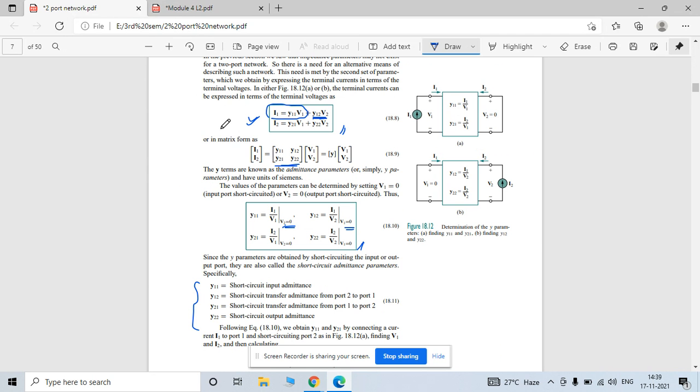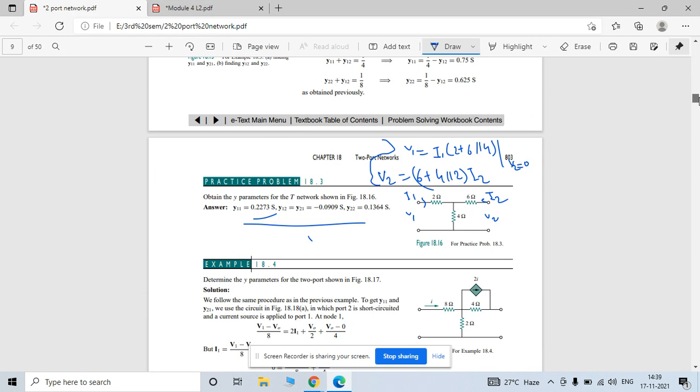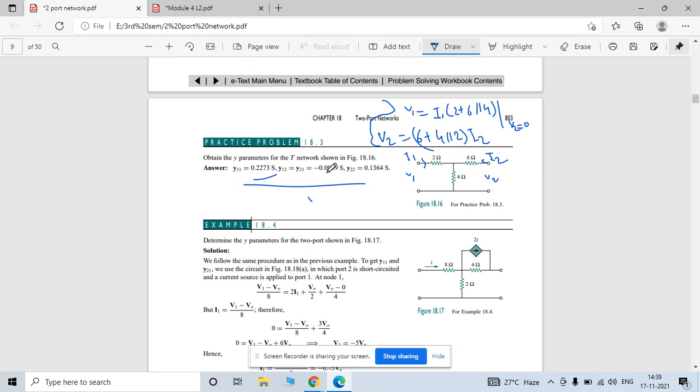Then I2 by V1 is nothing but your y21, right. V1 you calculated this, I2 is equal to your I1 here, so you can easily find out this value.